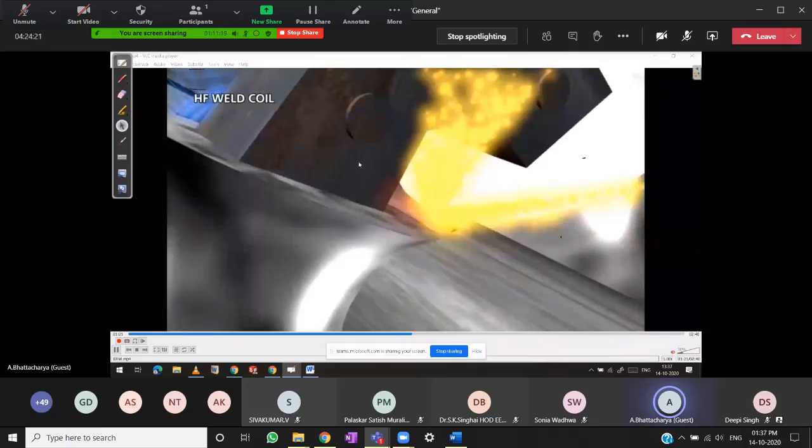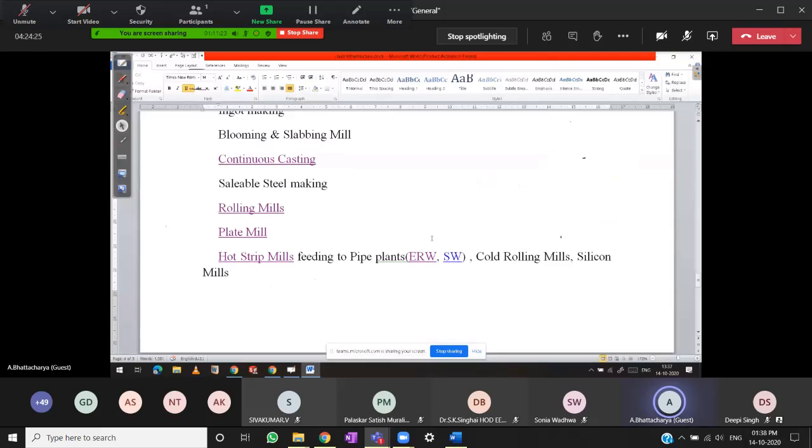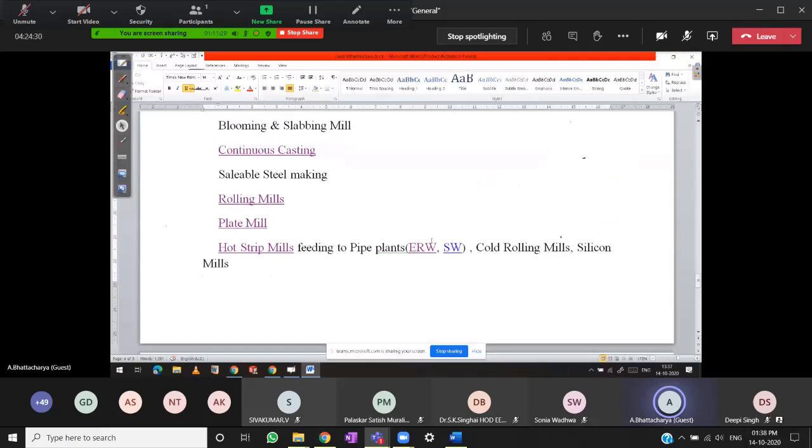Then from ERW, you get pipes of 8 5/8 inch to 20 inches, and in 10 to 12 meters length.